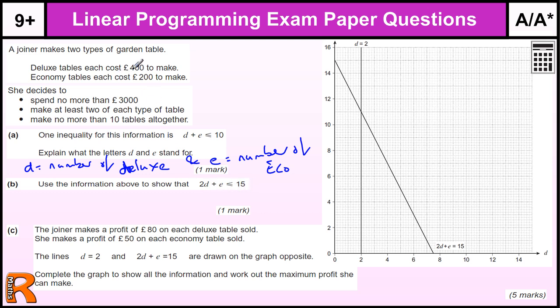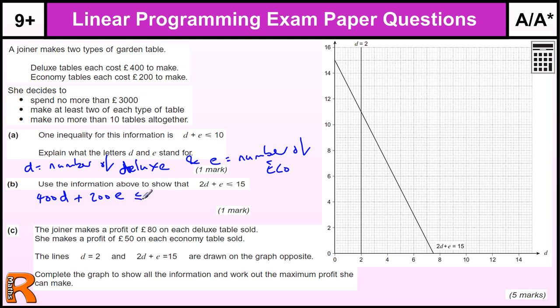So the cost of tables, let's just run through that one. So we've got 400D, so that's the cost of building the tables. So how many deluxe tables, it's going to be 400 times D plus 200 times E. And we're not going to spend no more than £3,000.